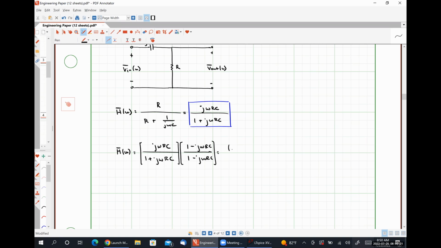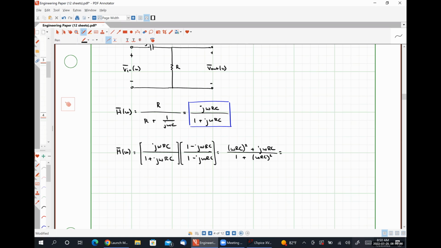So I'm going to have omega RC squared plus j omega RC divided by 1 plus omega RC squared.